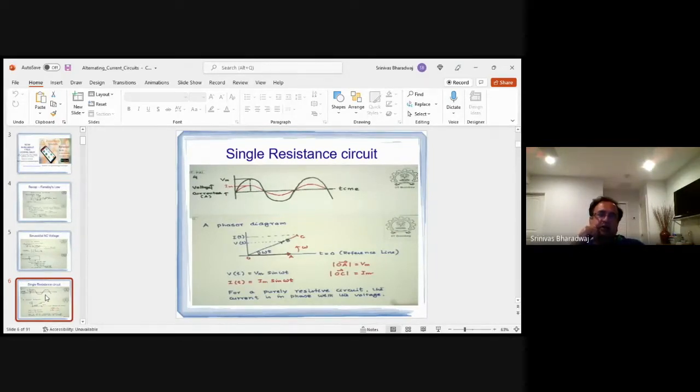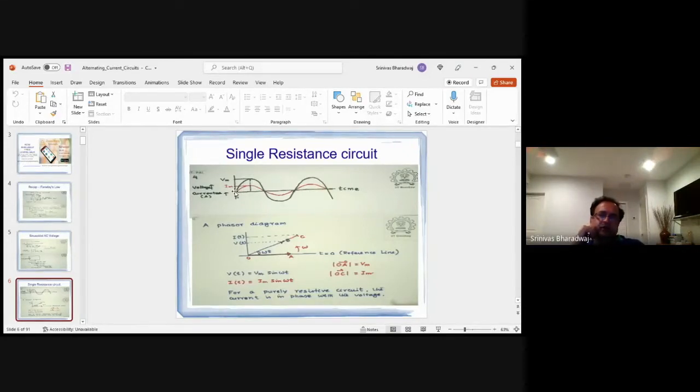Now you have what is called a phasor diagram. What does the phasor diagram do? In some ways it tells you, now I have a voltage, which is this one. Remember, the operative word in a phasor diagram is phase.